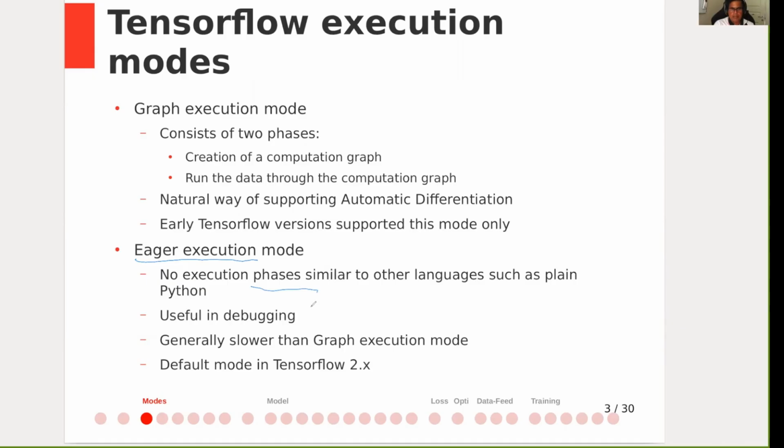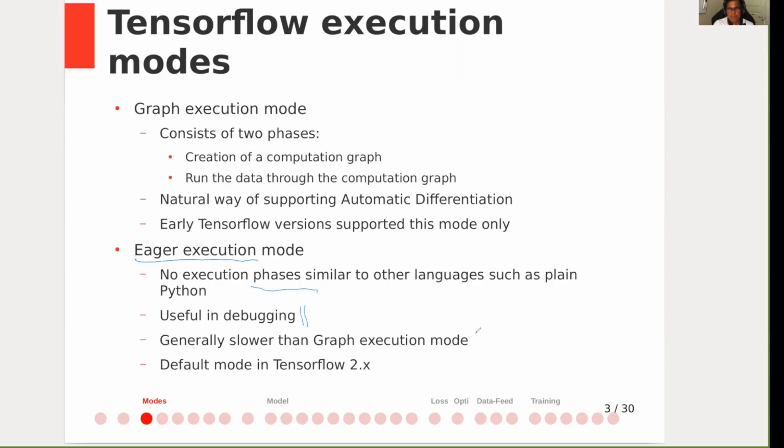And this mode is useful in debugging, because when you have a statement, then after that statement you can examine the results of the operation corresponding to that statement. But generally, eager execution mode is slower than graph execution mode.